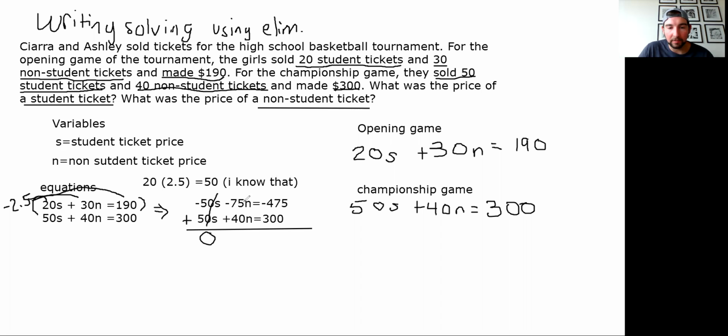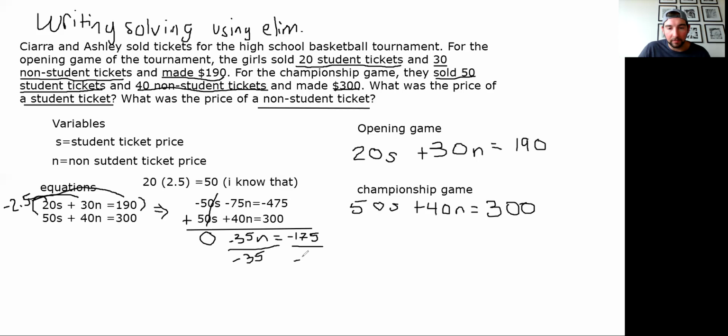Then I get negative 75n plus 40n, which is negative 35n, and that equals negative 475 plus 300, which is negative 175. Okay, divide that by negative 35.